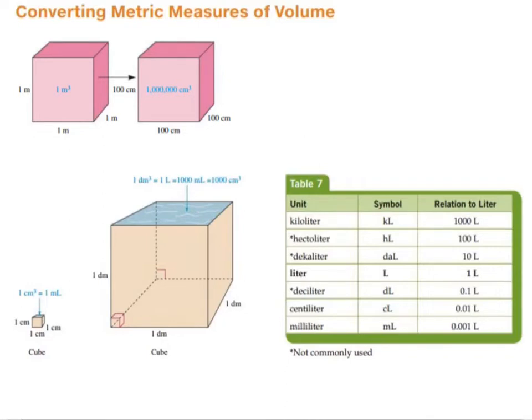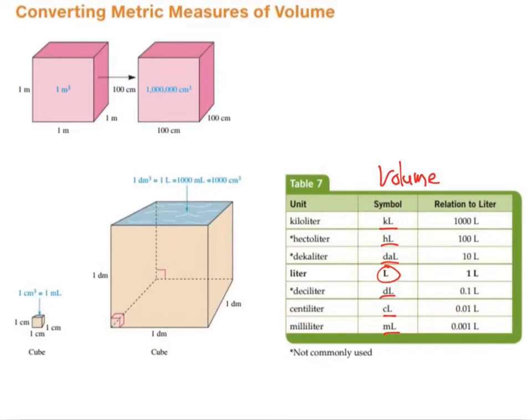Now we're going to talk about converting metric measure volume. Specifically, we have this table here. This is how we measure volume. So liters, this is for volume, and then of course, decaliters, hectoliters, kiloliters, deciliters, centiliters, milliliters.